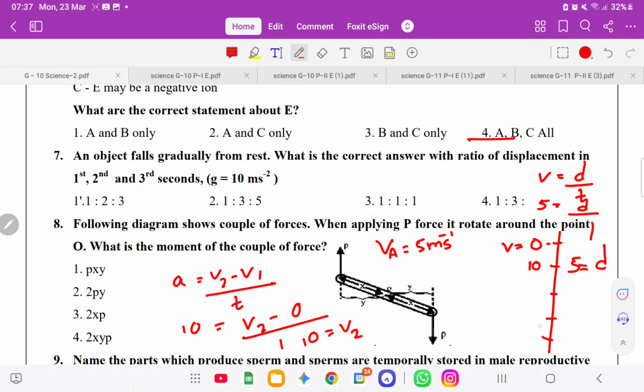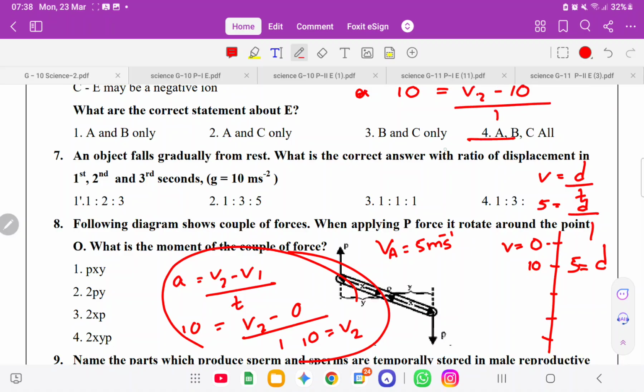If you move to the second second, you need to apply this again. A is always 10, V2 we don't know, V1 is 10, divided by 1. So V2 is 20.